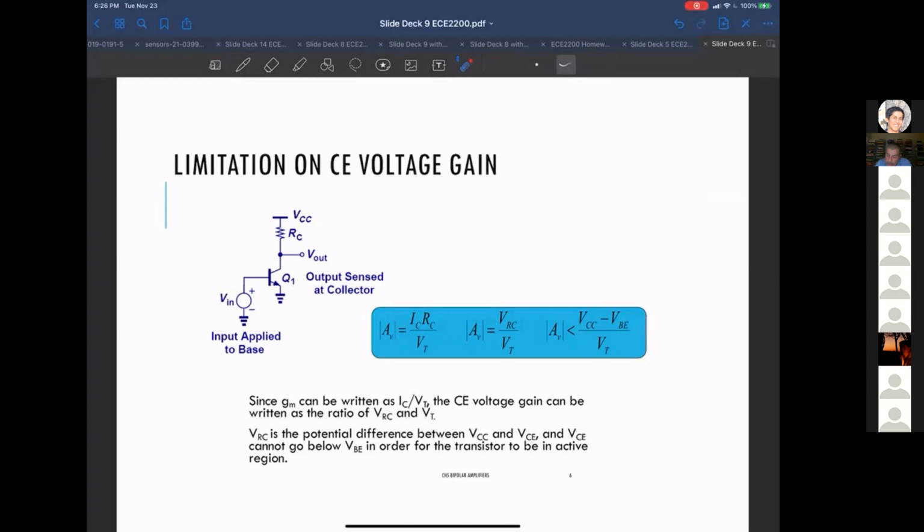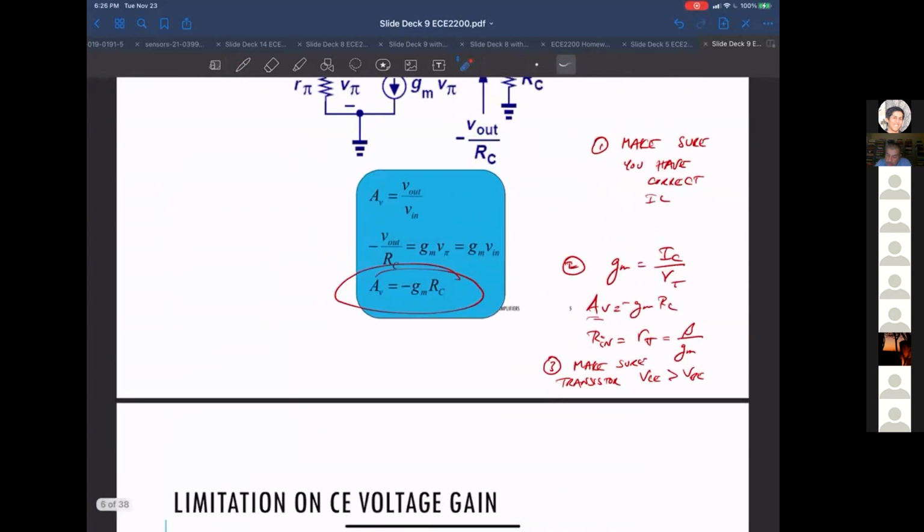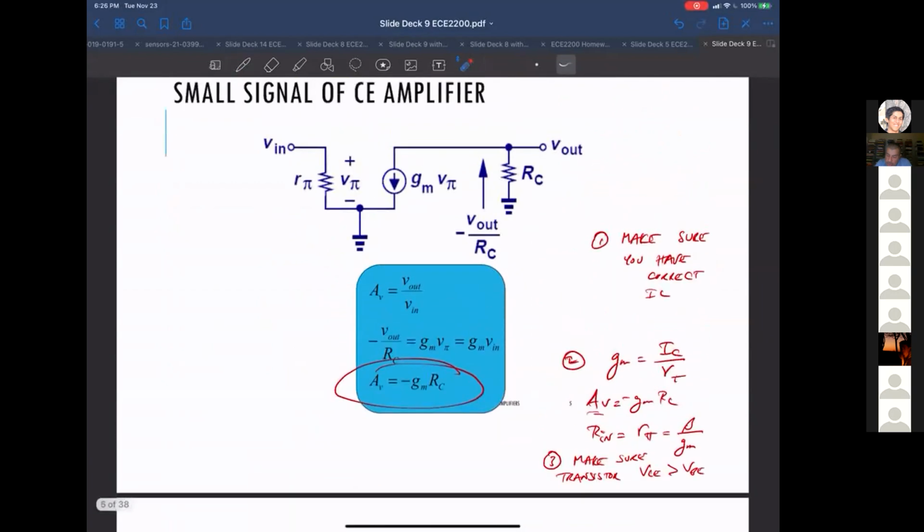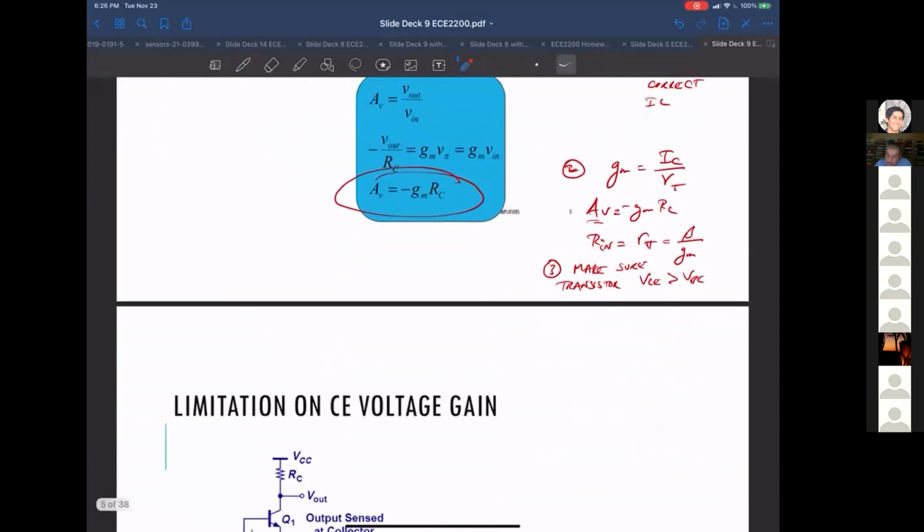But if you think about it, it sounds like you can make the gain anything you want. I can change I sub C all I want, and I can basically tune it with the right biasing to give me a G sub M as big as I want. And I can even use an R sub C as big as I want to get a high gain. So there's no limitation to the gain from this equation. It looks like that's the case.